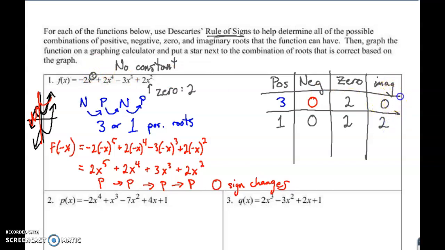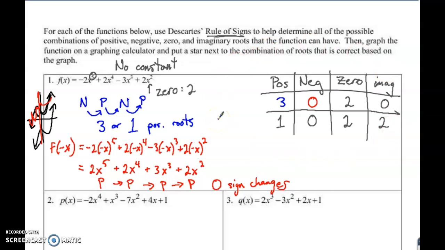And this really gets down to the nitty-gritty as to why we go down in increments of 2, because imaginary numbers have to happen in pairs of 2. So this is your chart that explains the number of roots.